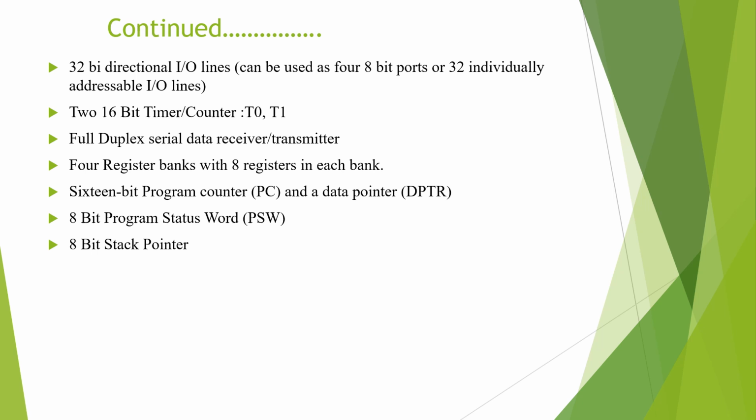So when we switch from one context to another context, that means from task 1 to task 2, the context switching is very fast if we use the register banks, rather than if the processor stores the same information, that means the temporary data and address location of the next instruction, in the external memory. In that case it will need more time.